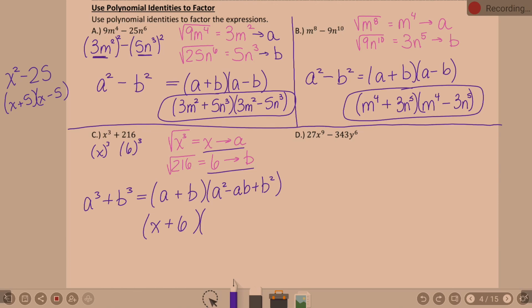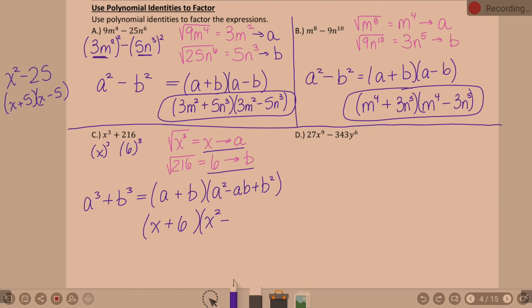Okay, in your trinomial, the first term is a squared. It's your first cube root, which my first cube root was x. And what do I get when I square x? X squared. Okay, so that is taking, first cube root was x, so now it's x squared. Your middle term is always the opposite sign of the first parenthesis in the original problem. So it's a minus. And then it's your 2 cube roots multiplied together.